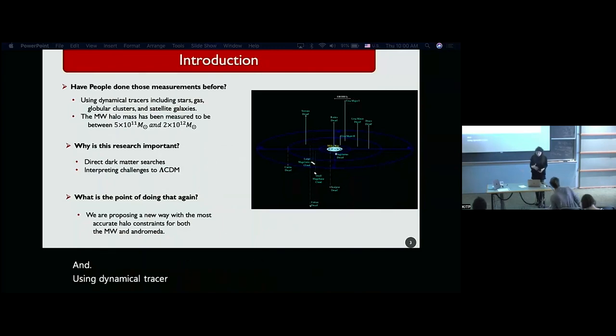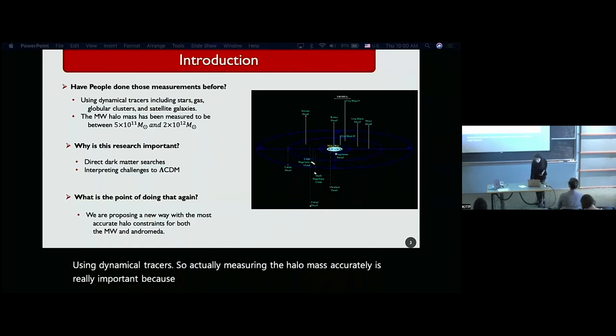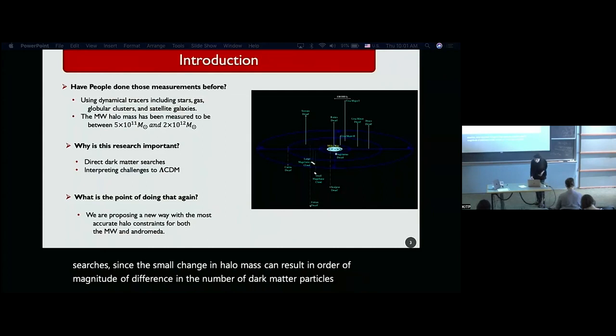Measuring the halo mass accurately is really important for direct dark matter searches, since a small change in halo mass can result in an order of magnitude difference in the number of dark matter particles that we have.